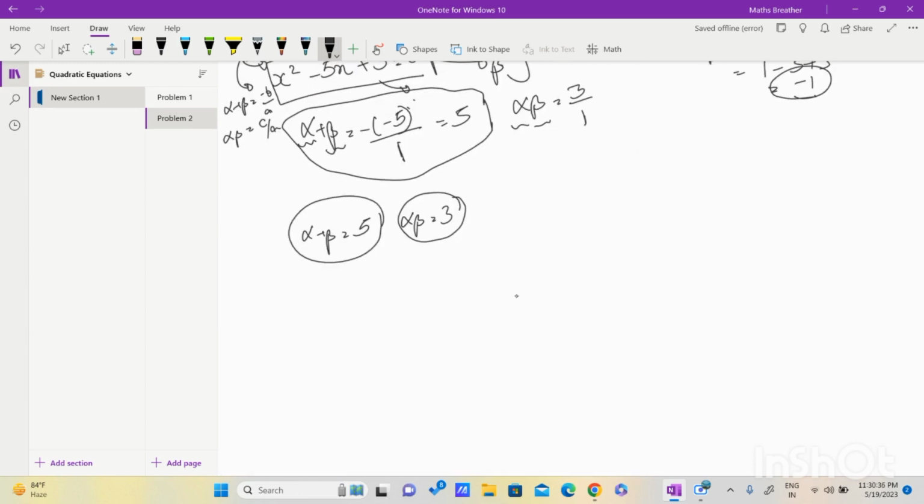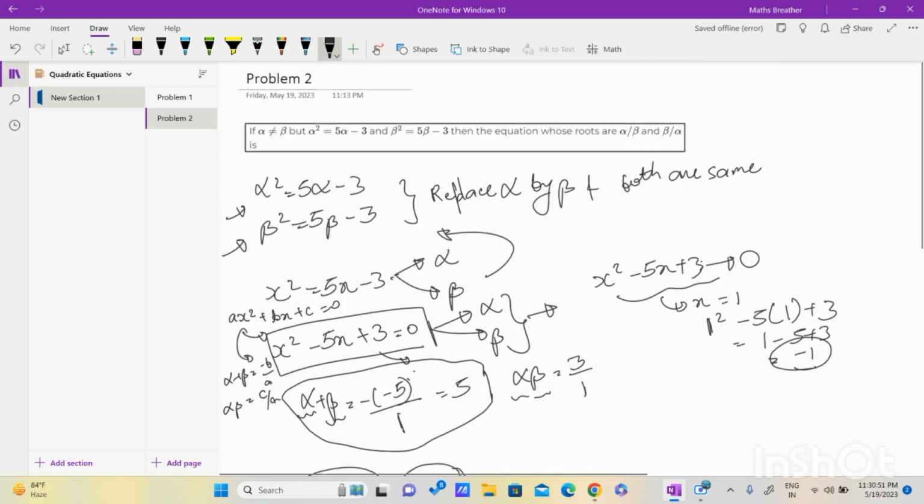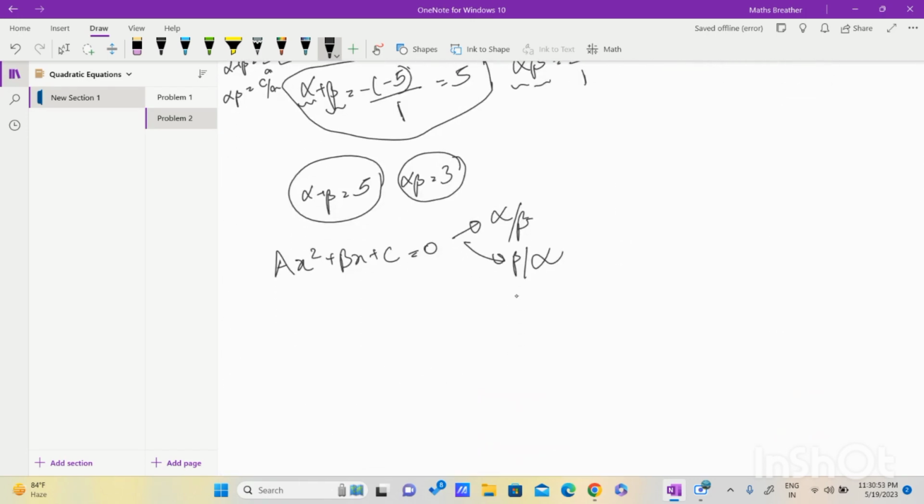So assume that there is an equation ax square plus bx plus c equals 0, and someone is saying its roots are alpha upon beta and beta upon alpha. So how can we solve this? First of all, assume that from this equation you find alpha and beta.